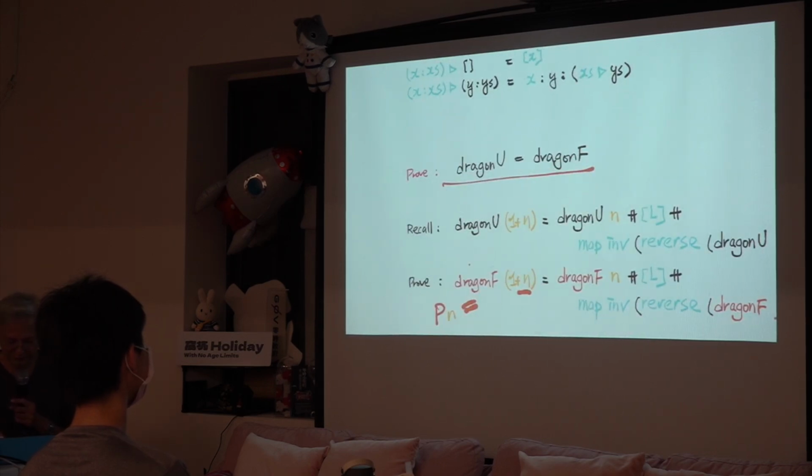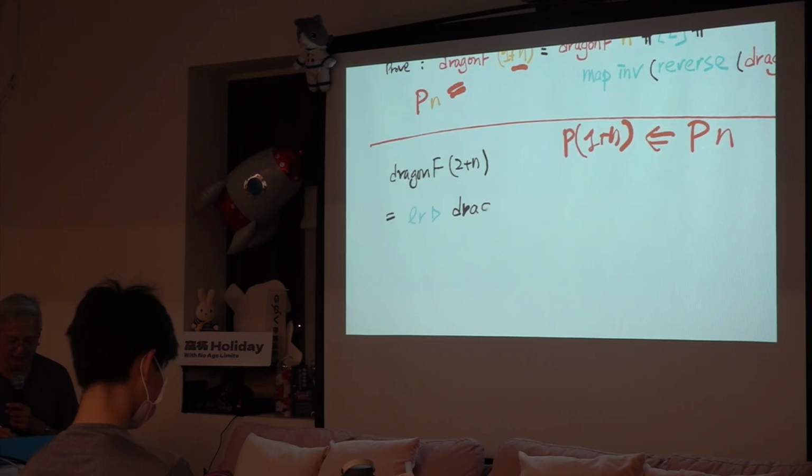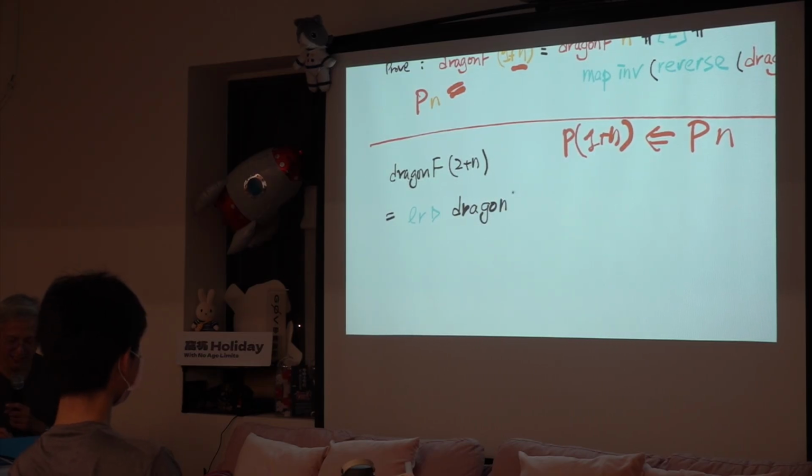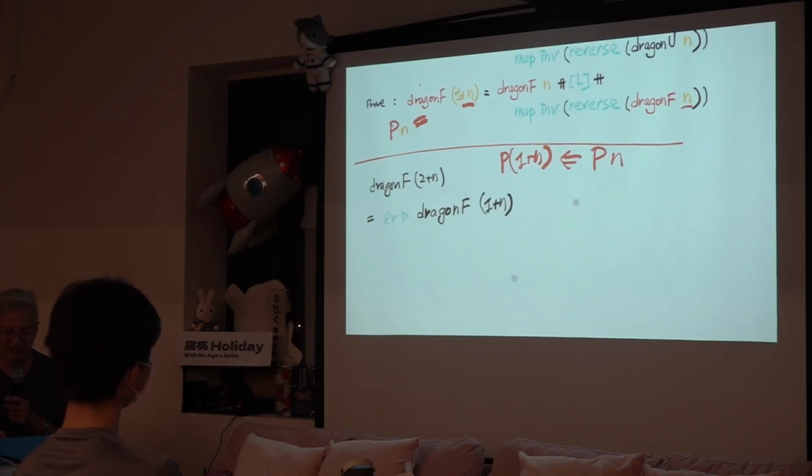So dragon of 2 plus n is LR interleave of dragon f of 1 plus n. Okay, that's just the definition.